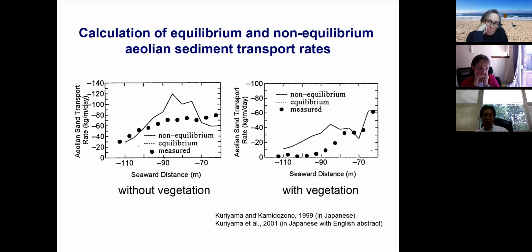Actually, the two lines almost completely overlap. So this result shows that the 40-meter fetch length is enough for the aeolian sediment transport rate to reach the equilibrium state, at least in our study site.